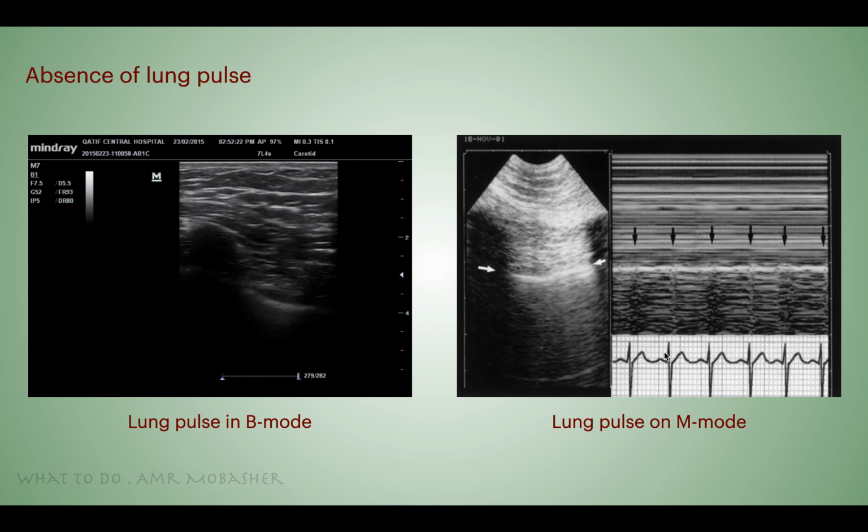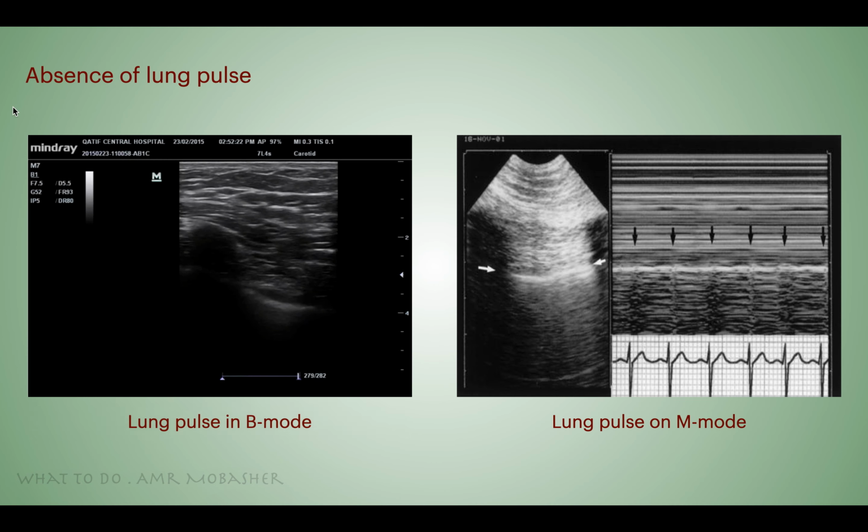So this is the ECG trace. With each QRS complex, we will appreciate this longitudinal line of vibration, cardiac pulsations transmitted to the pleural line. So it's logical that in presence of pneumothorax, the transmission of cardiac pulsation would be very difficult and the lung pulse would be absent.